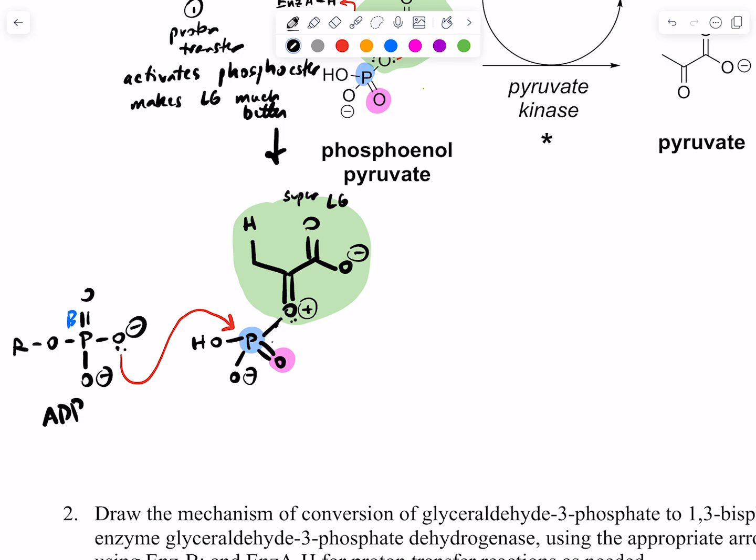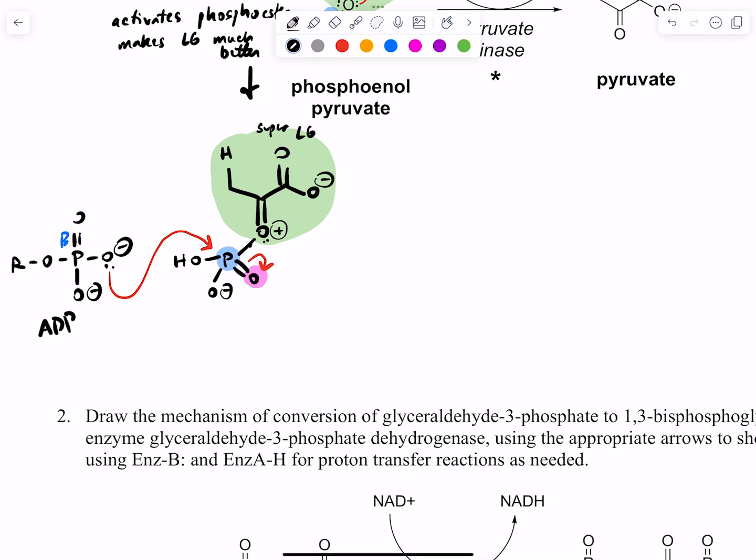And then we can generate what I call a pentavalent or pentacoordinate phosphorus intermediate. That is a phosphorus that is bonded to 5 different things. One of those is the leaving group. One of those is the negatively charged oxygen that used to be the phosphoryl oxygen.